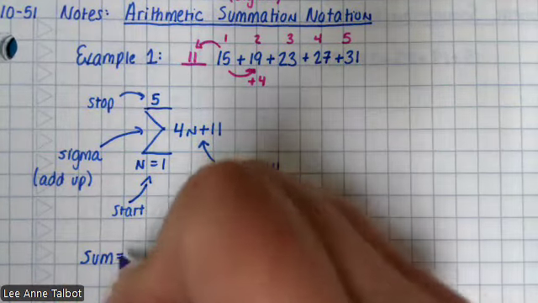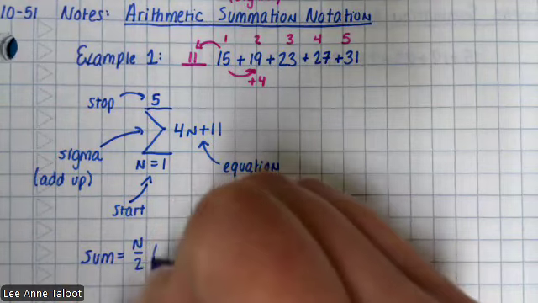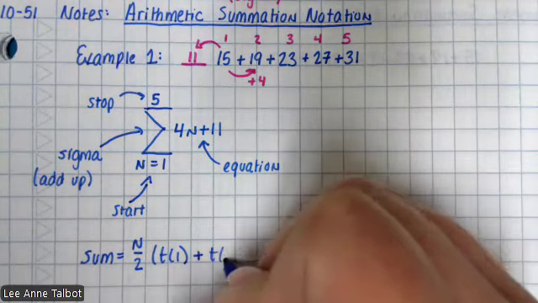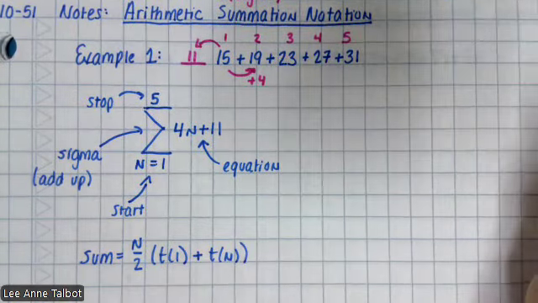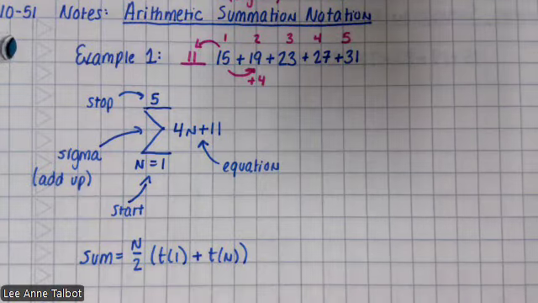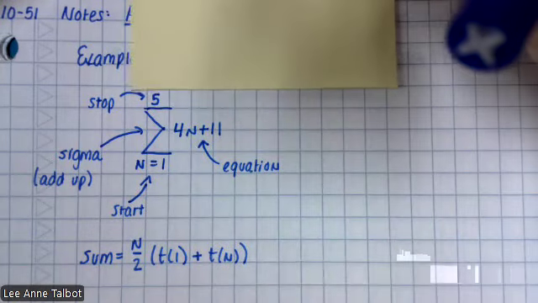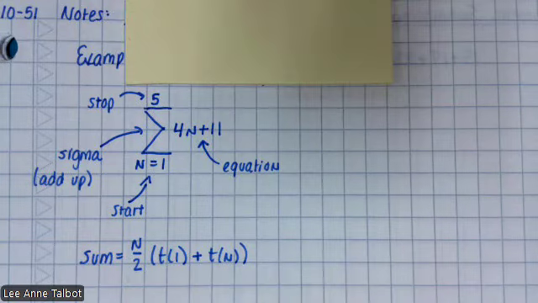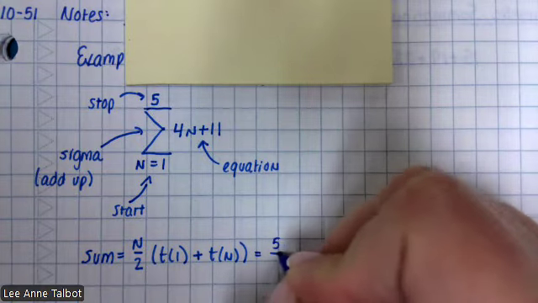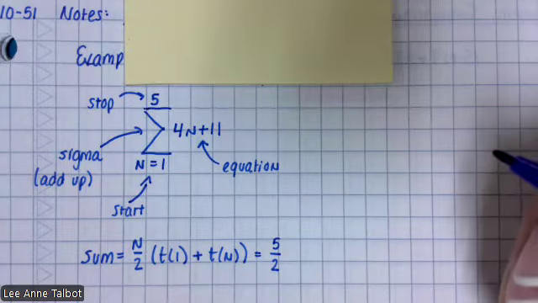Okay, so sum equals n over 2 times first term plus last term. Okay, now pretend. I'm going to take this piece of Post-it note, and I'm going to pretend that I can't see that. And this was the problem given to me instead. I know there's 5 terms.